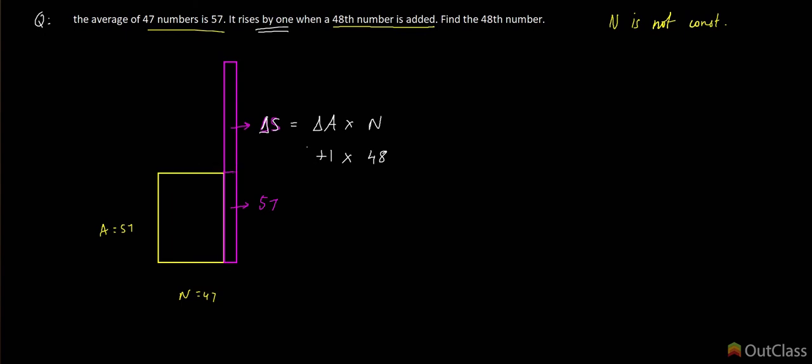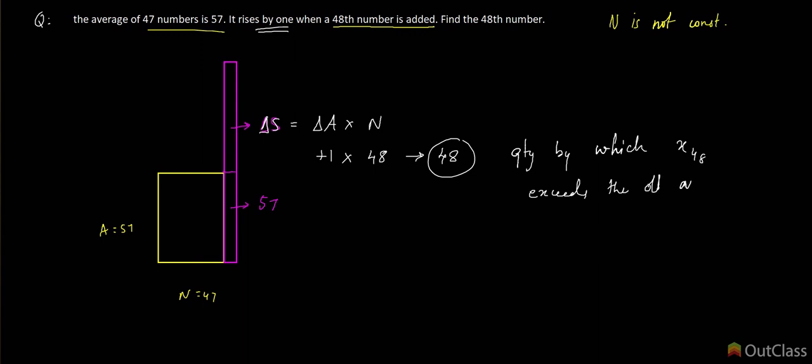So that means you have to use the final value of N, and so delta S is 1 into 48 is 48, but that is not the 48th observation. It is the quantity by which the 48th observation exceeds the old average.